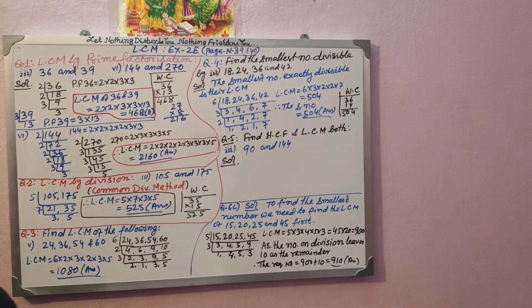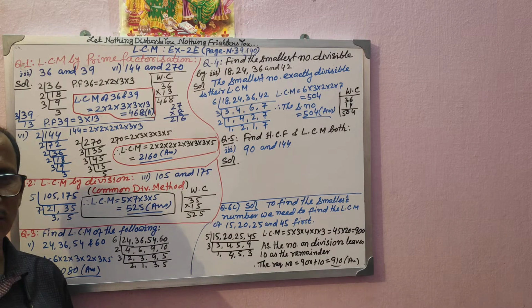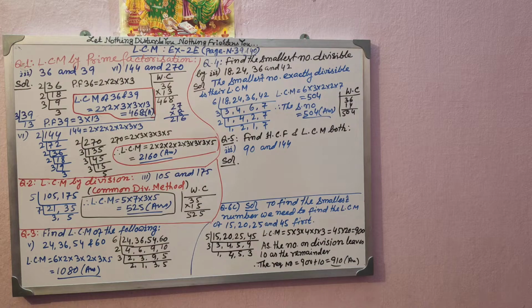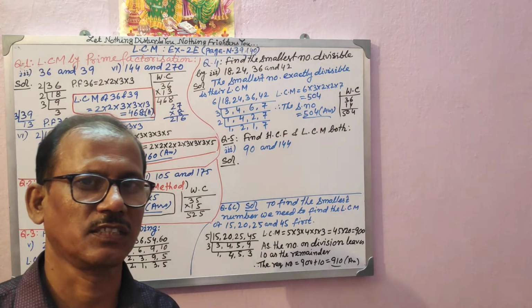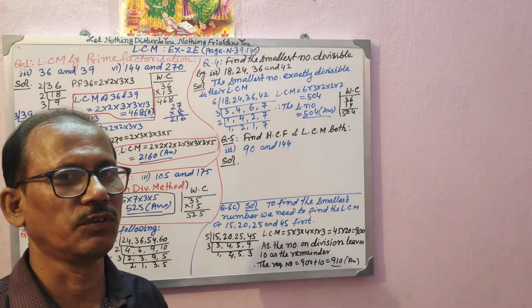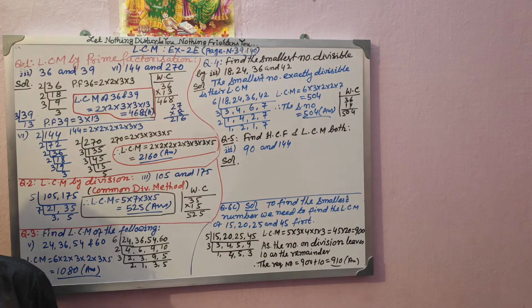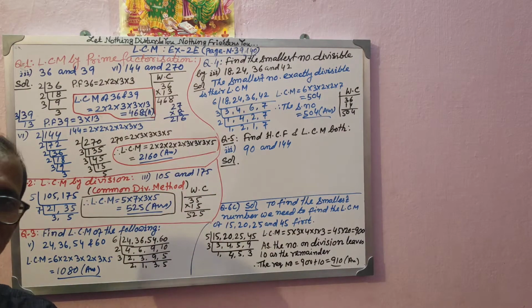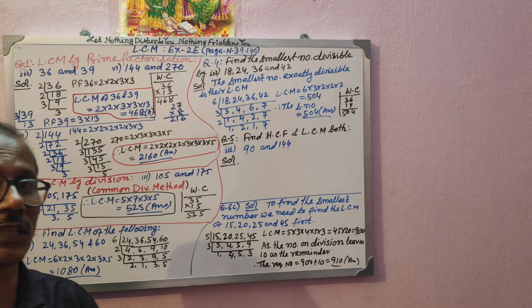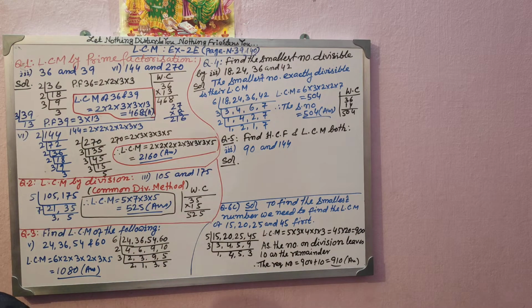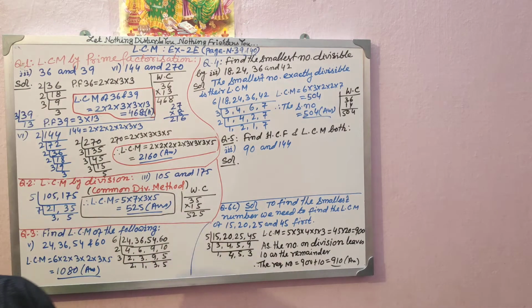Now let us learn various procedures to find the LCM. Firstly, we can find the LCM by the prime factorization method. We can also find the LCM by the common division method. The division method for HCF is the long division method, but in the common division method we follow the short division method, taking all the numbers together and dividing by a common divisor.